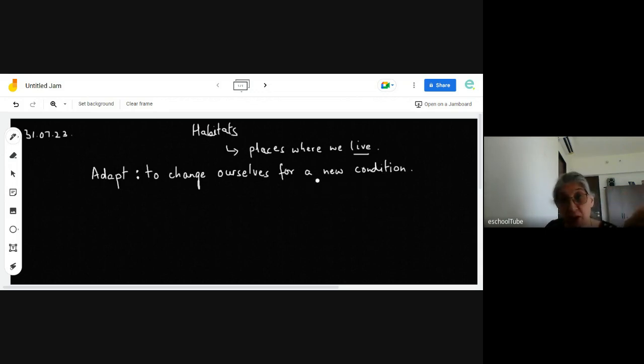But when we are talking about habitats, places where people, animals and plants live, those are their habitats. Every human being, every animal, every plant has to adapt to that particular habitat, the place where he or she lives. So adapt means that.